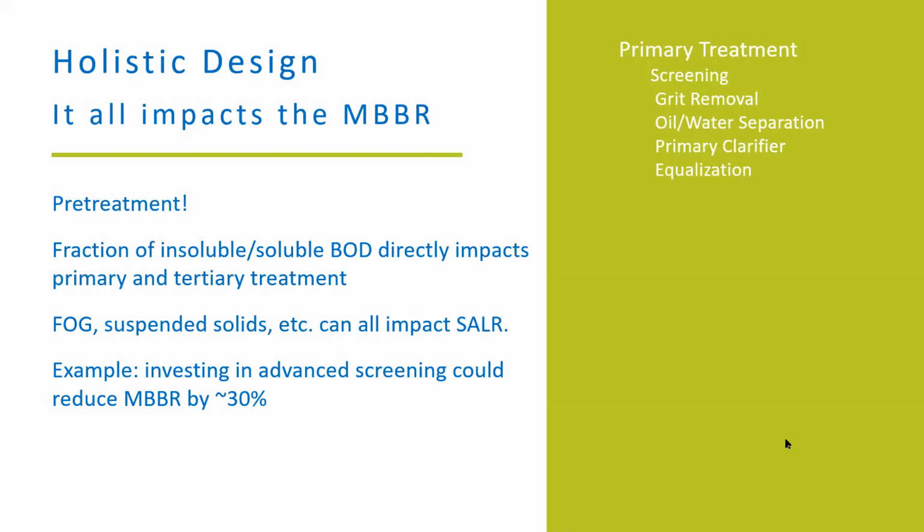If we have a high particulate fraction of BOD, we're going to be able to achieve a lot of removal with perhaps screening or a primary clarifier, and therefore we don't need to have as much treatment in the actual MBBR. So our MBBR can be smaller. So all of these impact the design of the MBBR and the clarifier.